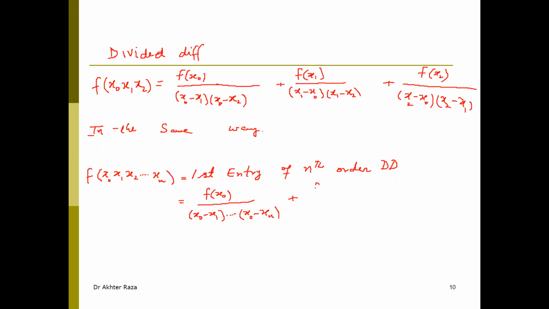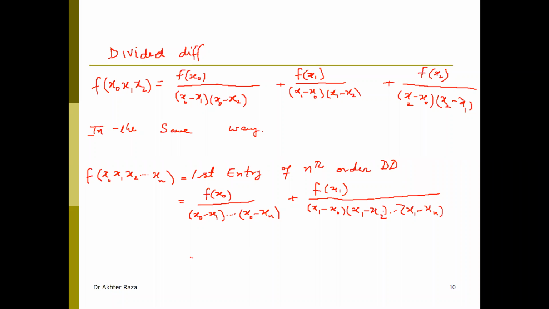Then the second term we have is f(x1), and all brackets we have in the denominator except only x1 minus x1. So x1 minus x0, only x1 minus x1 is missing, and we have x1 minus x2 and the remaining brackets up to x1 minus xn, and so on.